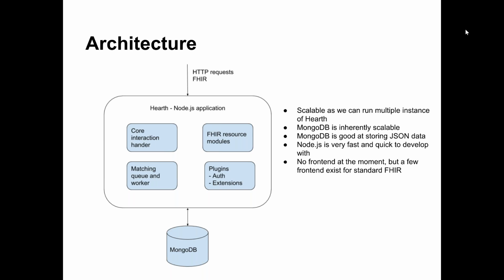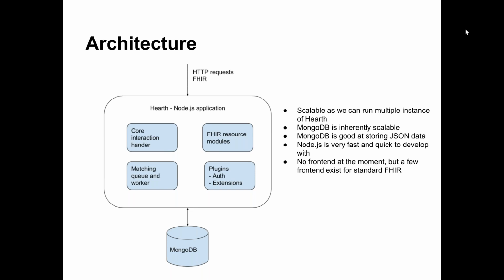That's where we store all of the FHIR resources. And at the top there, you've got HTTP requests coming in. Those are requests from clients to either save resources or update resources, delete resources, fetch particular resources that they're interested in. All FHIR interactions come through as HTTP requests to the server.